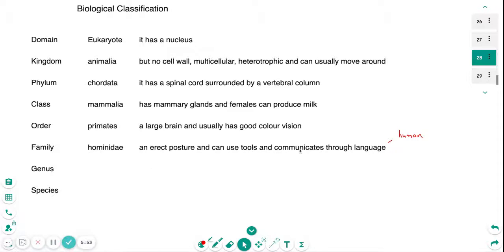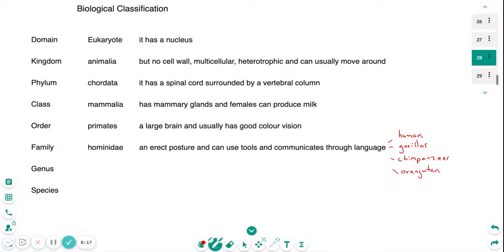But all this information doesn't just represent humans. We're still talking about gorillas, chimpanzees, and orangutans.